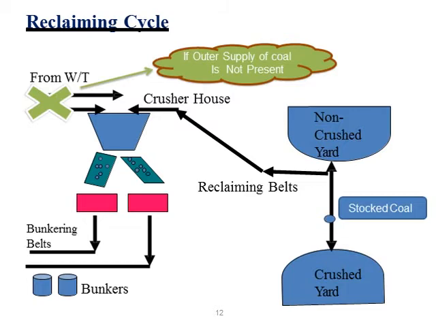It shows that if there is no supply from the wagon tippler, or the supply from the outside is not coming, and no direct outside coal is there at the site, then we have to collect this coal from the storage house, known as the yard.